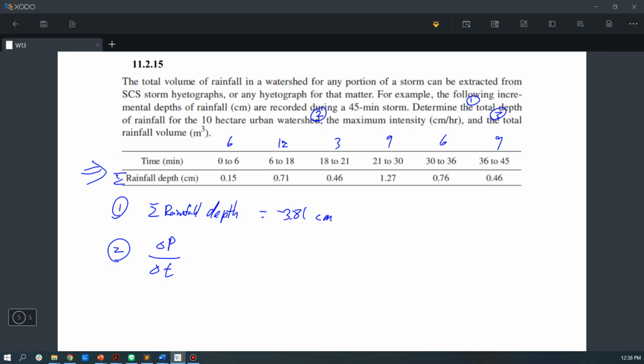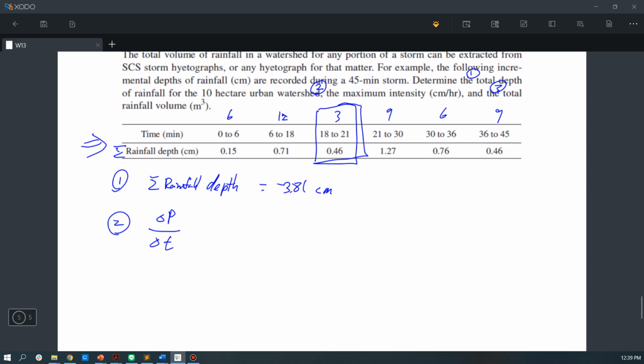By just looking at this, you can calculate the intensity for each interval and select the largest one. But here, to save time, I will just tell you the largest intensity happens at this interval, which you somehow can guess from the values you got here.